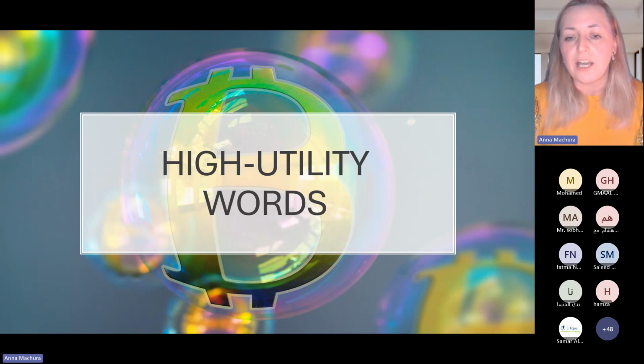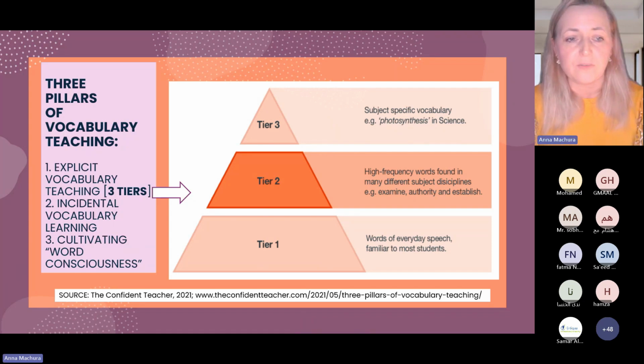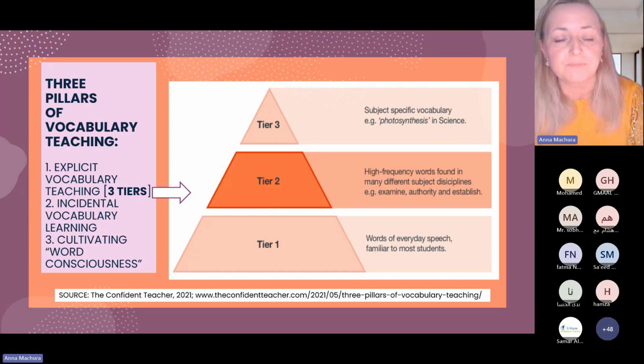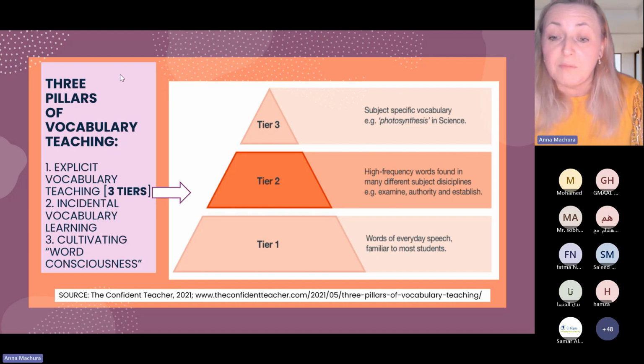Focus on vocabulary and high utility words. For your students, you are probably familiar with those concepts, but just in case, the 3 pillars of vocabulary teaching are explicit vocab, like the 3-tier structure. I want to stress tier 2. Why?